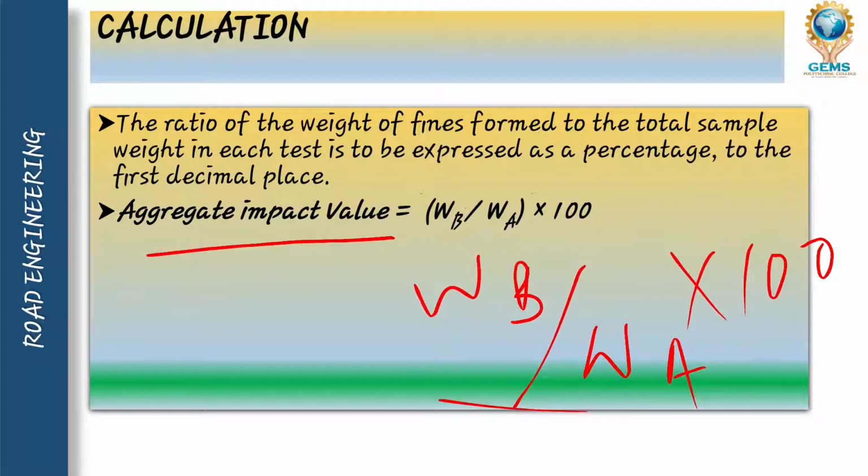This will give you your aggregate impact value, and this is how the experiment takes place and the calculation is done. If you take 2 to 3 trials, you can get the approximate impact value of aggregate.